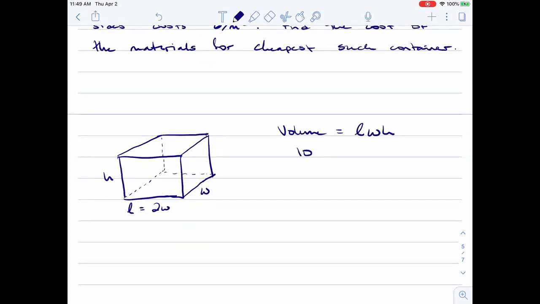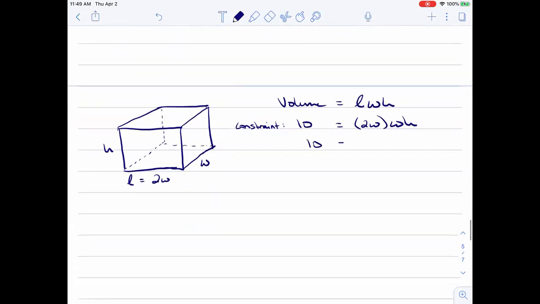We're told that the volume has to be 10, right? So this is a constraint: the volume must be 10, but also the length we can replace with 2W, times W times H. So 10 must be 2W squared H. Because it's going to be easier to solve for H, if I solve for W, I have to take the square root, and you definitely could do that.